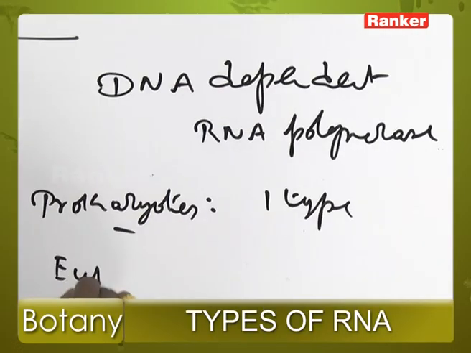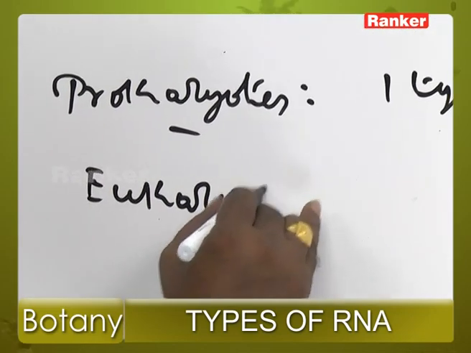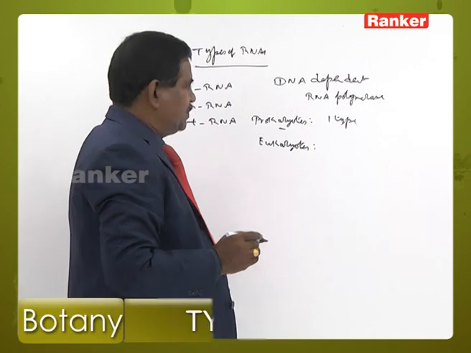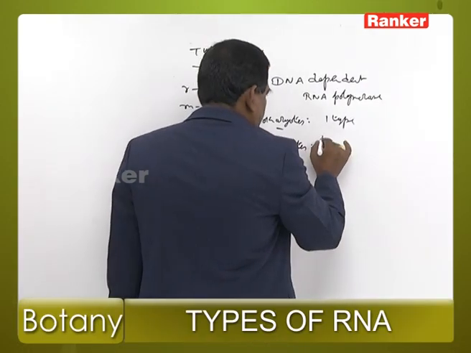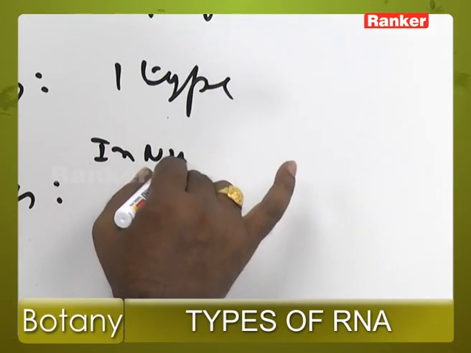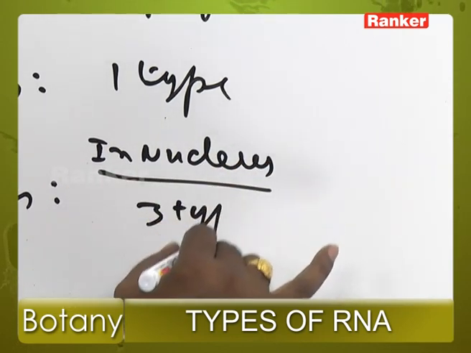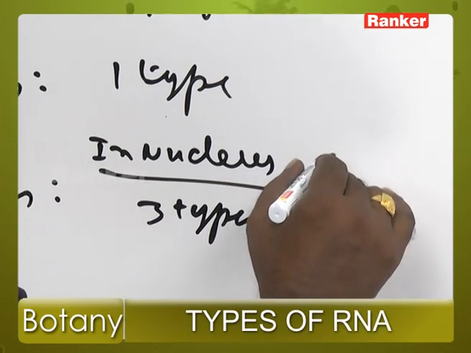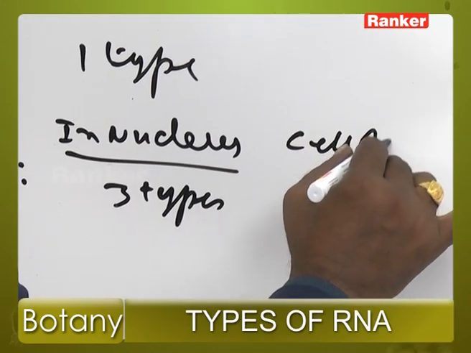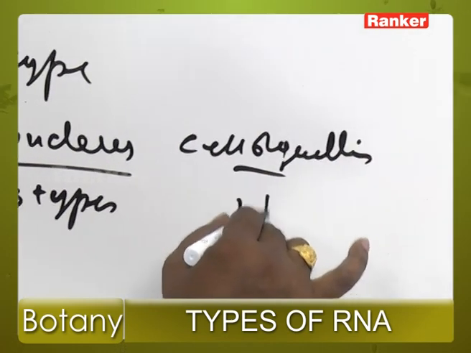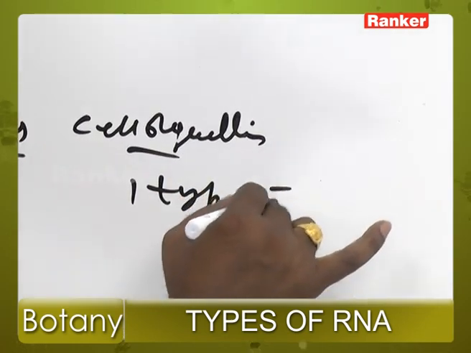Eukaryotes. Total types of RNA polymerases: in the nucleus, three types. Cell organelles, one type.